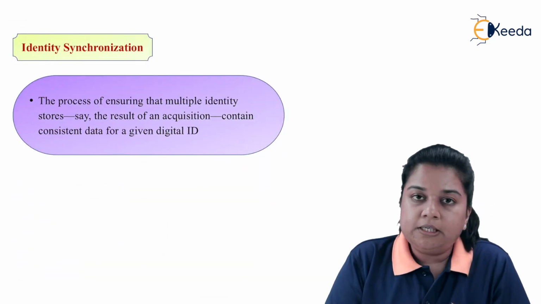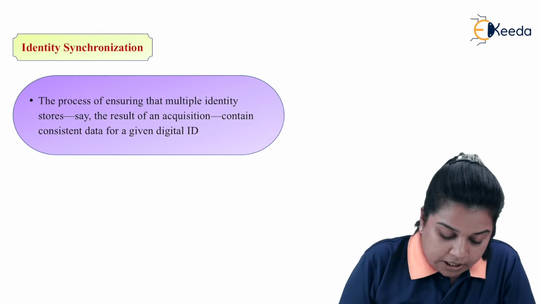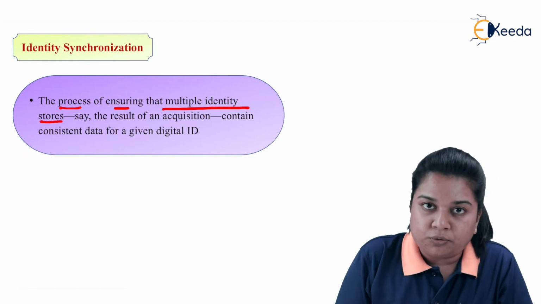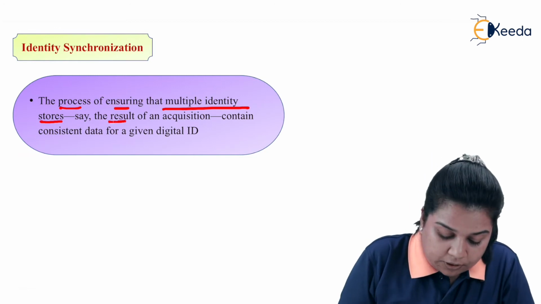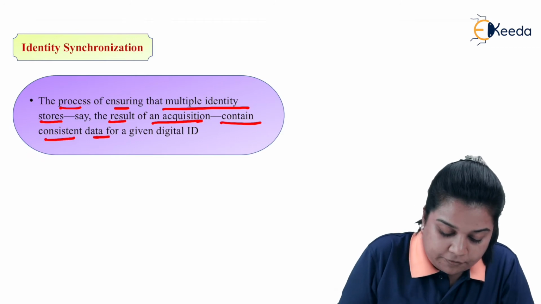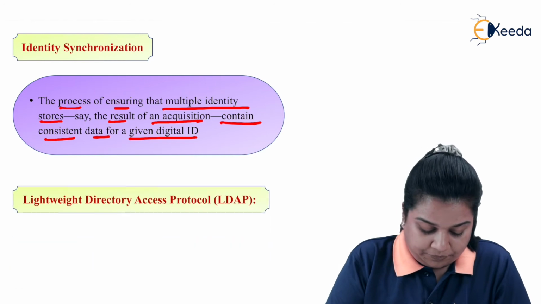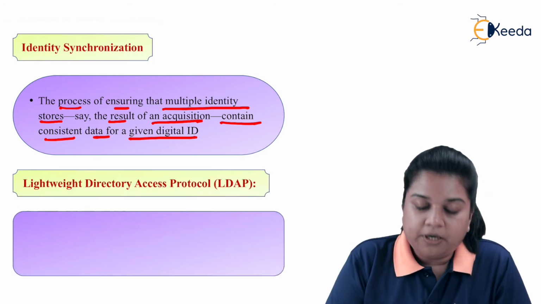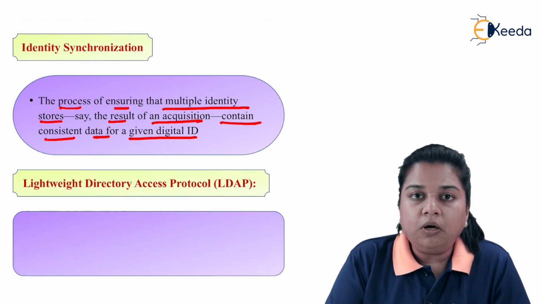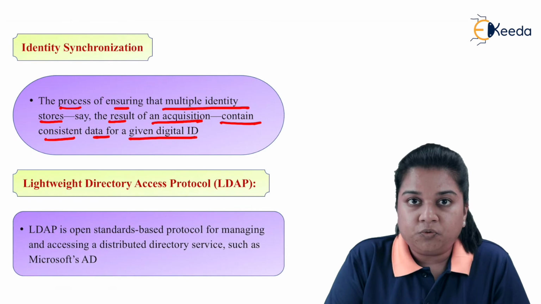Then identity synchronization. What is identity synchronization? The process of ensuring that multiple identity stores, say the result of an acquisition, contain consistent data for a given digital identity. Then lightweight directory access protocol, commonly known as LDAP, which is also present in the email services which we use.